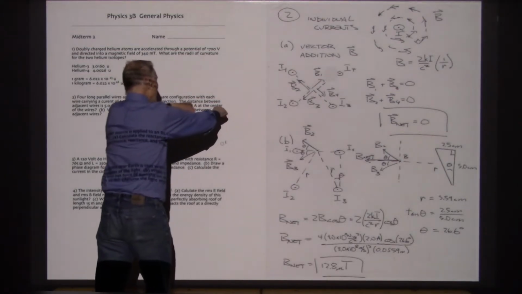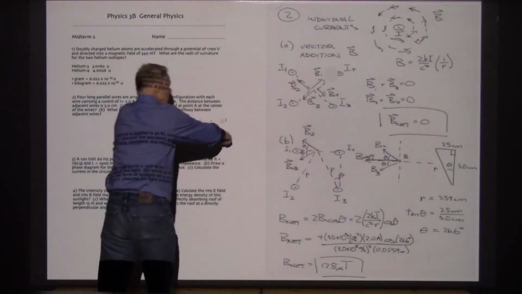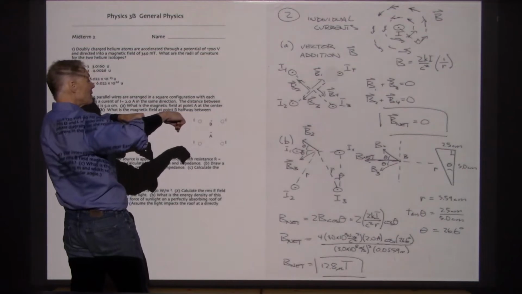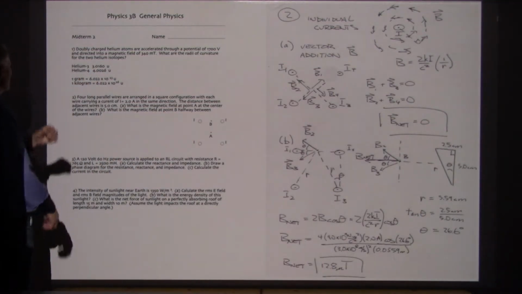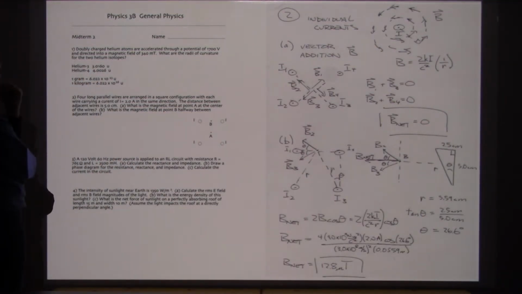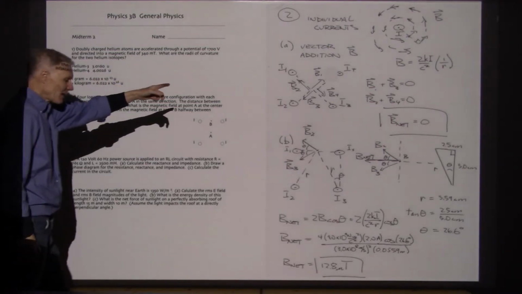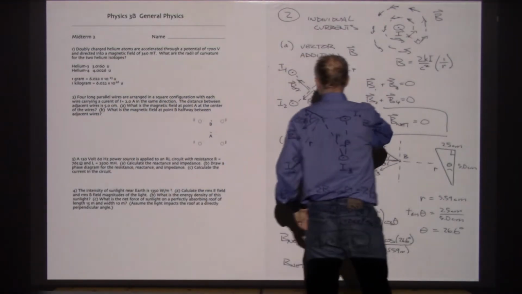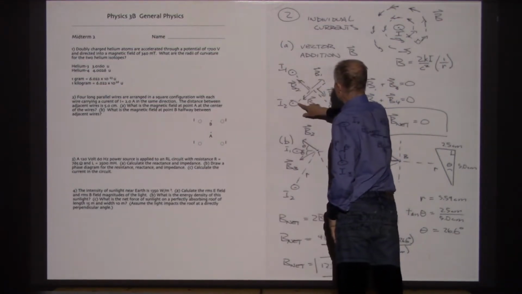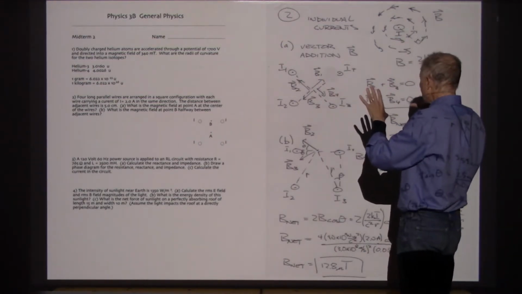The currents are moving out of the page, so the currents are coming out of the page towards us. In my diagram, I've identified it that way.